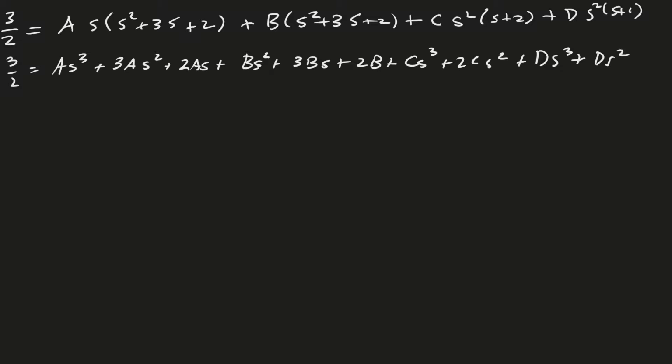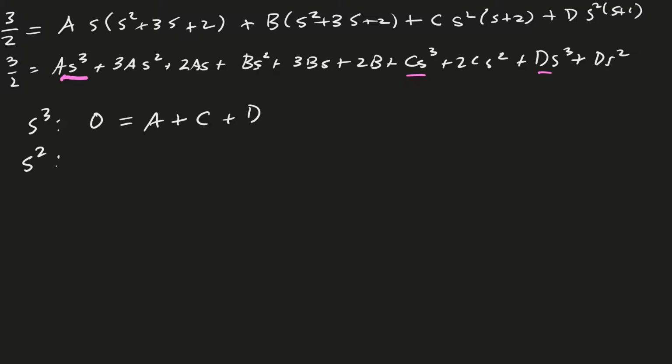And now we just equate coefficients. S cubed, 0 equals, and on this side, where are my cubic terms? I've got one there, one there, one there. So therefore I've got A plus C plus D. Good.